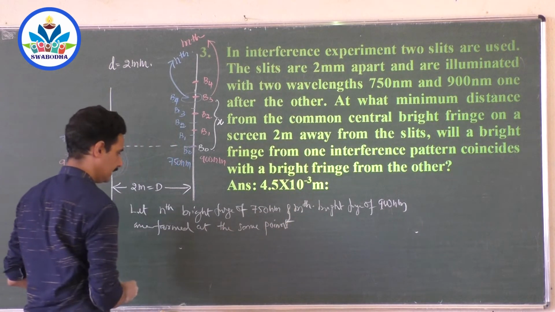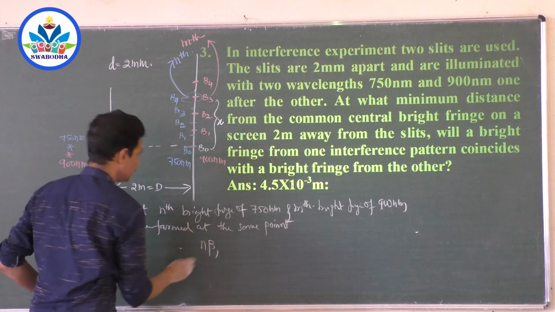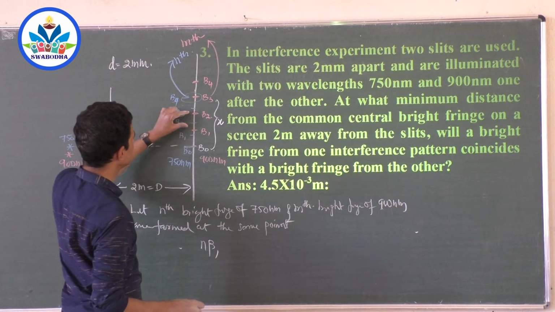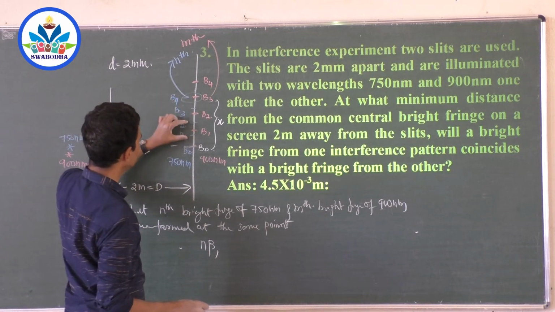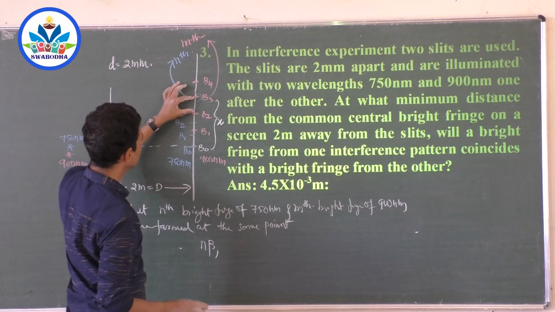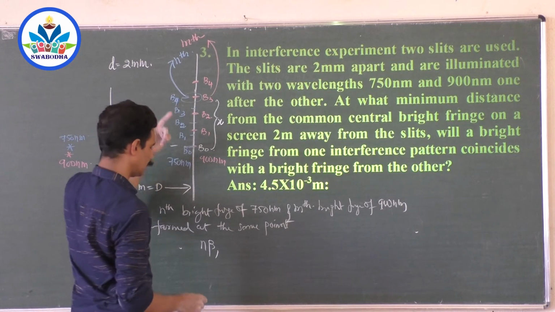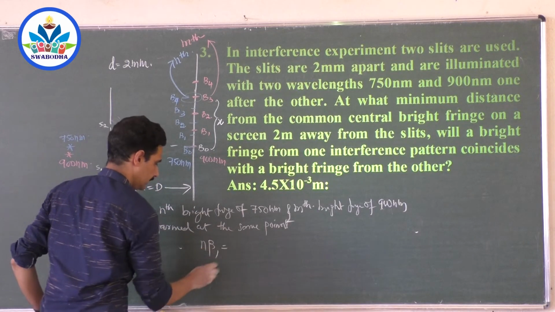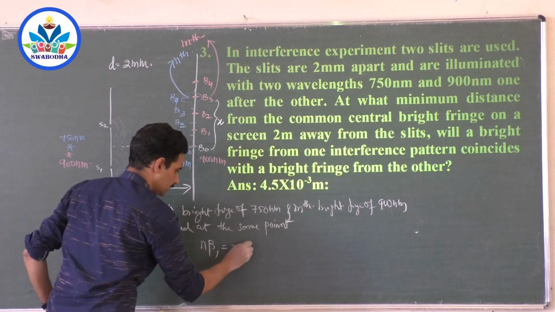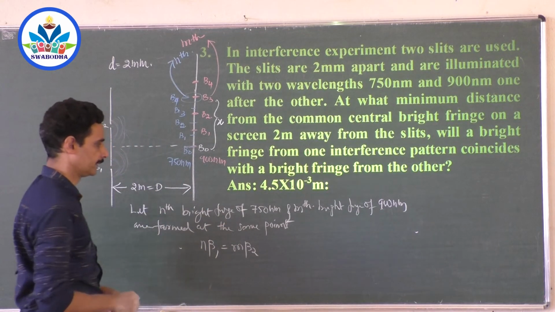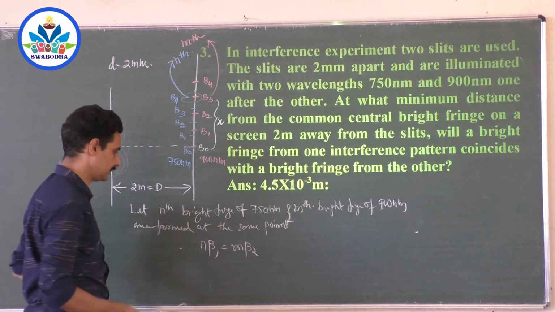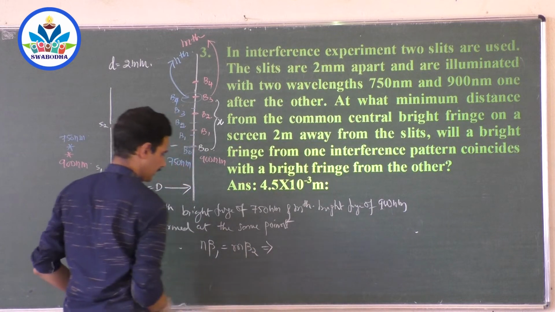That means beta, 2 beta, 3 beta, 4 beta for this, 1, 2, 3 beta for the other one. N beta 1 of this one and m beta 2 of the other one must be the same. Correct? Am I right? That implies, we'll write the formula.